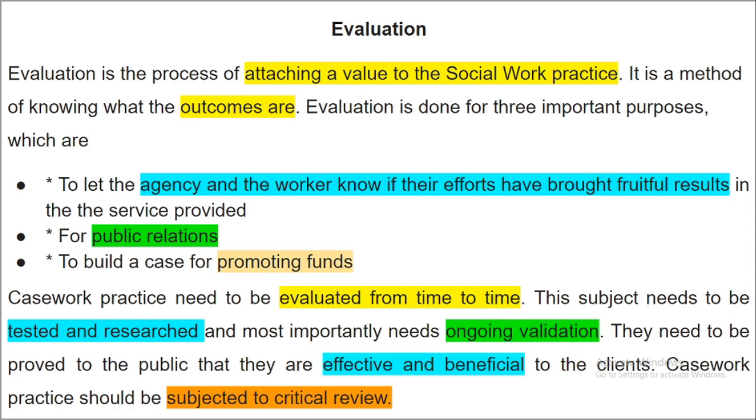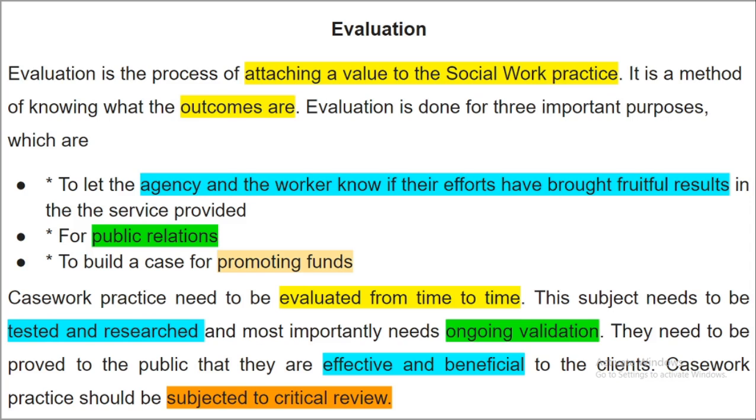And third, to build a case for promoting funds. They build a good rapport as well as a proper case for promoting their agency's funds.